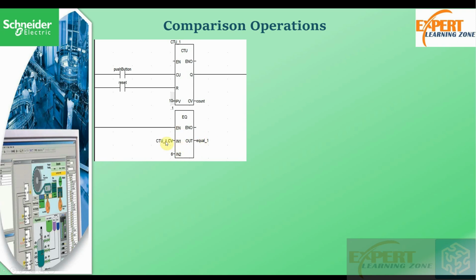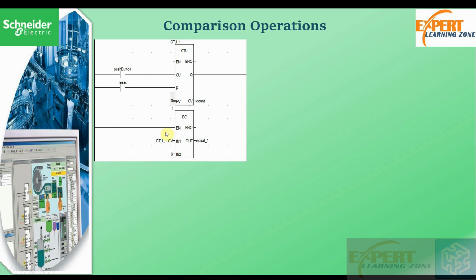Okay, so you can see that here we are using the current counter value, that is the internal counter value of count 1. The count 1 is this block. So we are making use of the internal counter value of count block 1. So we are constantly loading this value into the parameter input 1 and comparing it with input 2, which has been given the value 6.